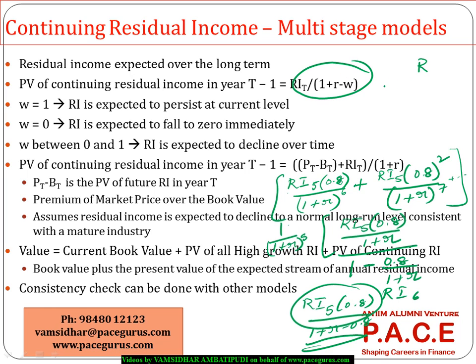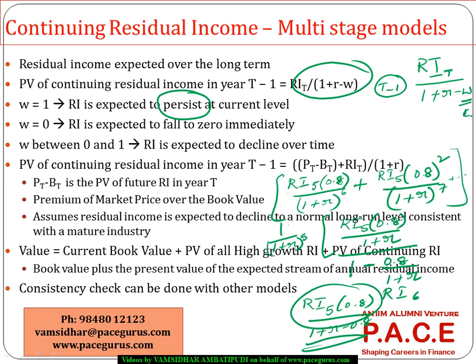If at all I want to find out the present value of the RIs at the period t minus 1, all I am saying is find out the value of RI for the period t and use the formula of 1 plus R minus W. If W is 1, then it means the RI is going to persist at the same level, because this is RI T by R, which was same as RI 6, where RI 6, 7, 8, 9 are all going to be at the same RI as of the 5th year itself.